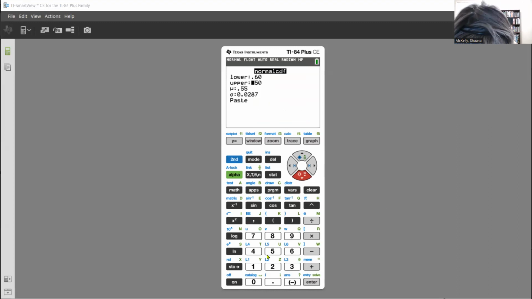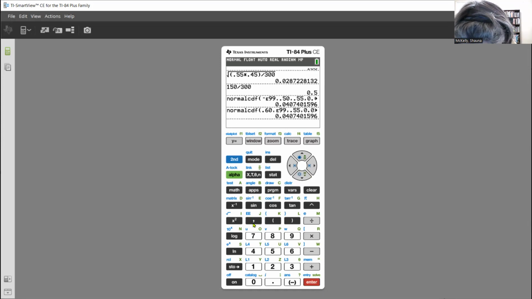So we're going to go second comma, E99. Mean is 0.55. Sigma is 0.0287. Paste it.